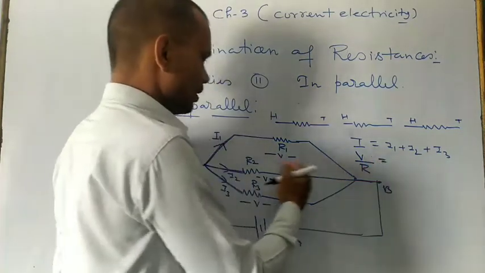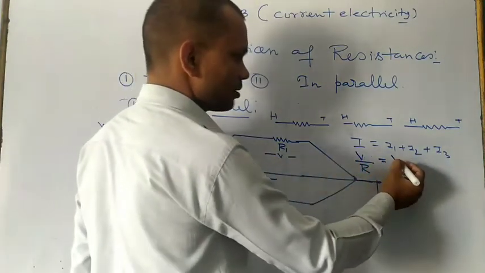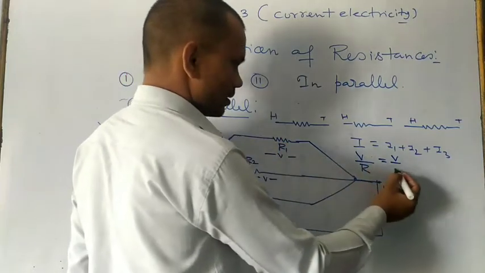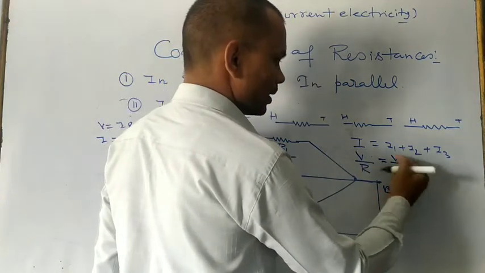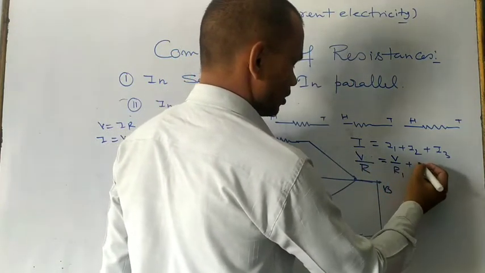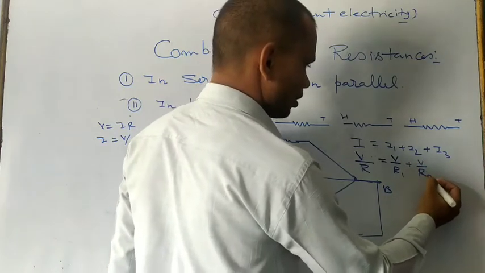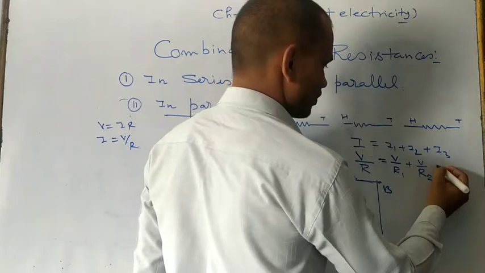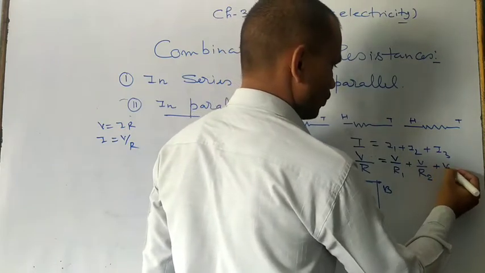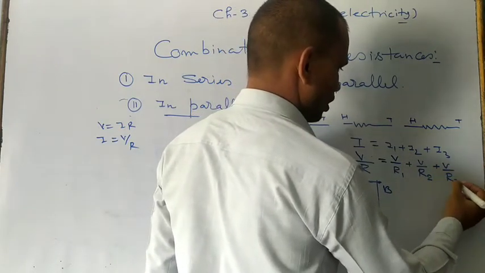For I1, the potential difference is V, and the resistance is R1. So I equals V upon R1 plus V upon R2 plus V upon R3.